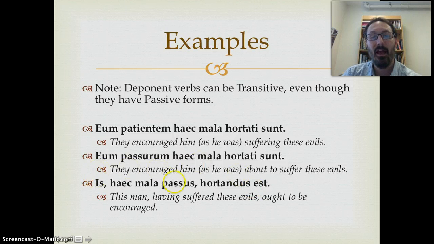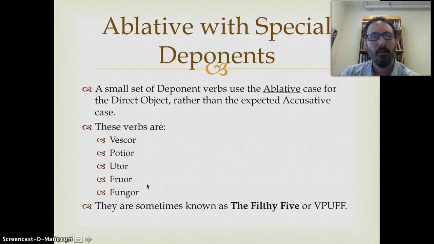And this man having suffered. So here is our deponent verb with an active sense. Not having been suffered, but having suffered these things. These evil things, I should say. Okay, so those are deponent verbs.